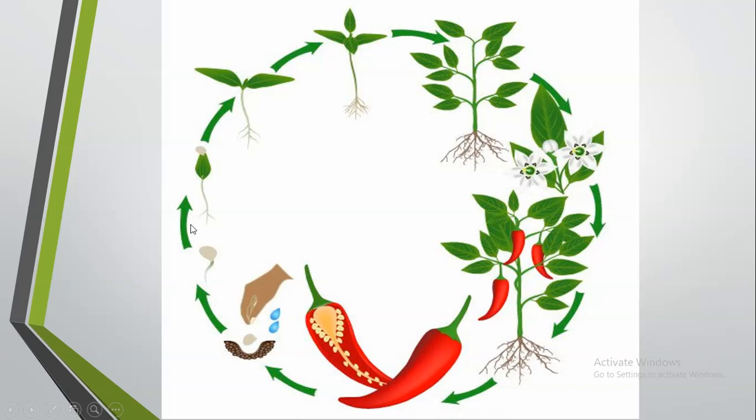Now look at this pepper life cycle. It will begin with the seed. We're gonna plant it into the soil, provide it with its needs, then it will sprout. It needs water, warmth.